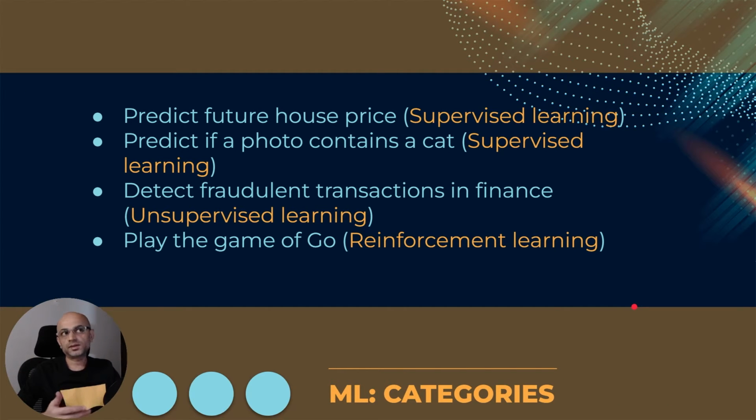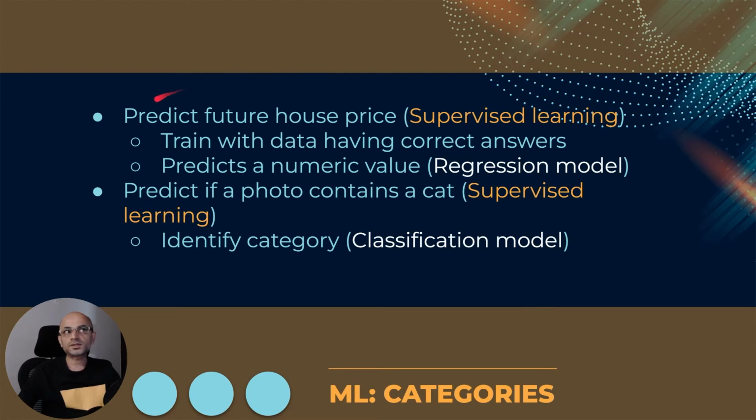And the third one is supervised learning, in the case of, say, predicting future house prices or whether a photo contains a cat. In the case of predicting future house prices, you will have a lot of data with the characteristics of houses in the past and what their prices were.